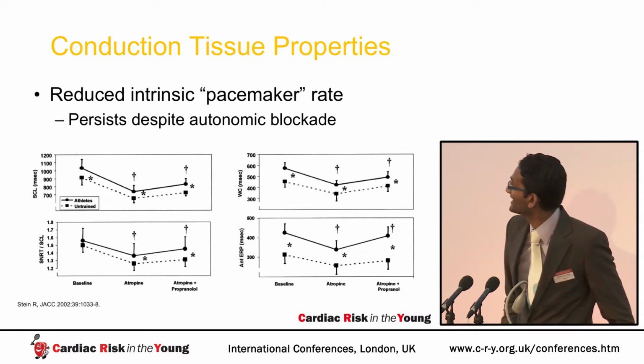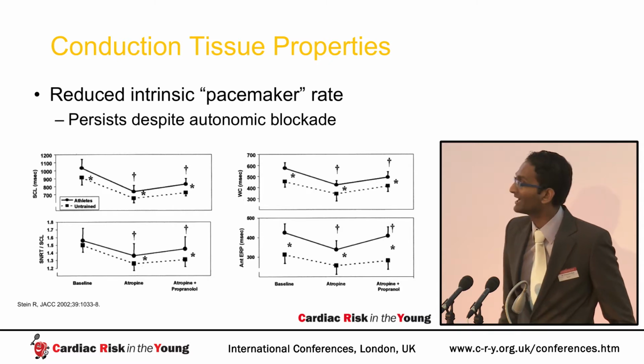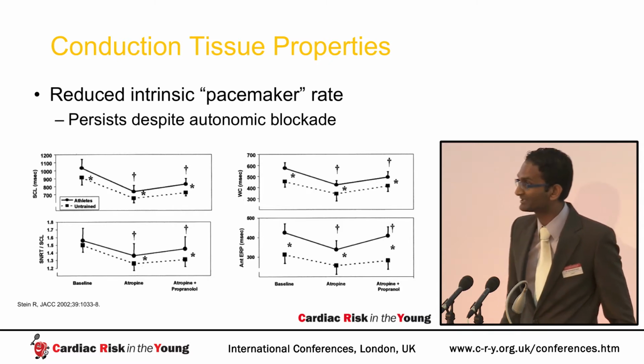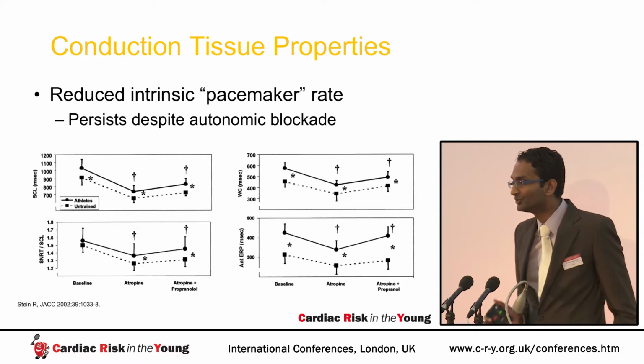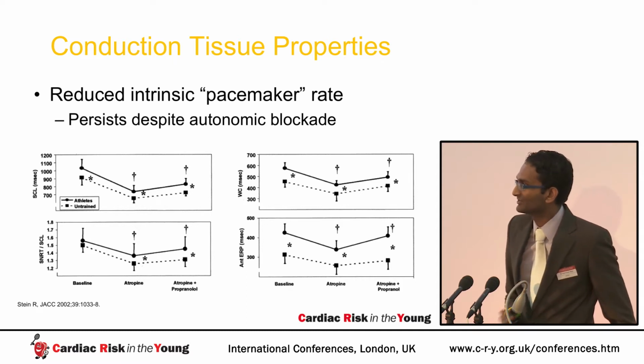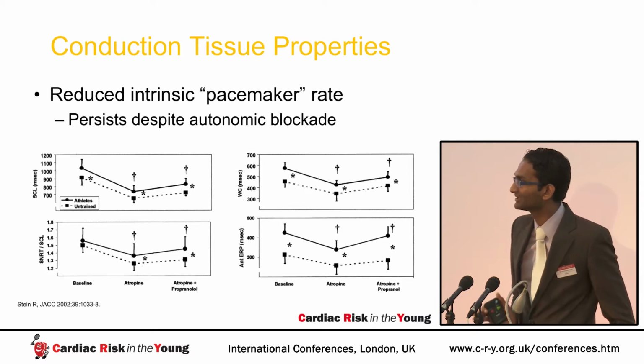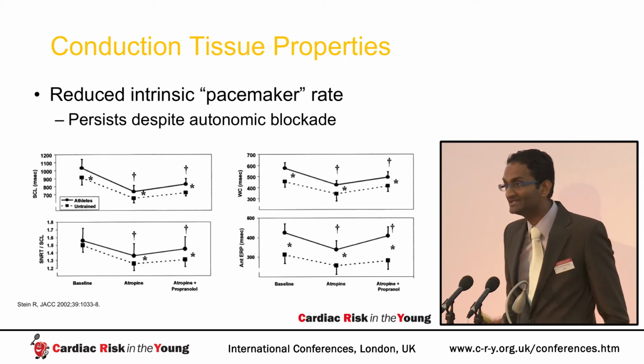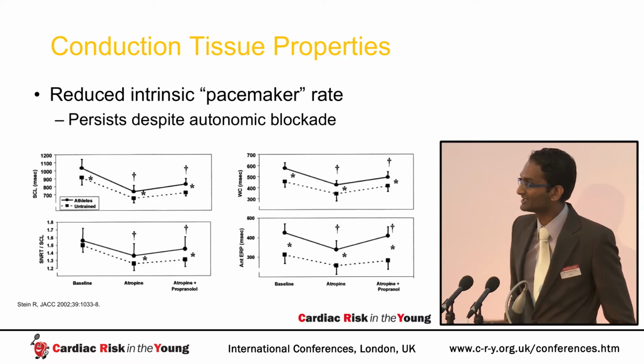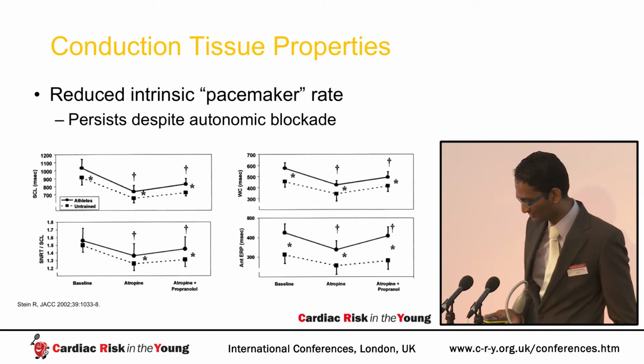In the center, we have the action of atropine, that is parasympathetic blockade, and on the right-hand side of each of these graphs, the action of beta blockade. But perhaps more importantly, even with complete chemical blockade of the autonomic system, athletes still have slower conduction and lower heart rates than other individuals, suggesting that there is an independent or intrinsic reduction in heart rate in athletes that is independent of autonomic function. So, why does this matter to the athletes that we're looking after?